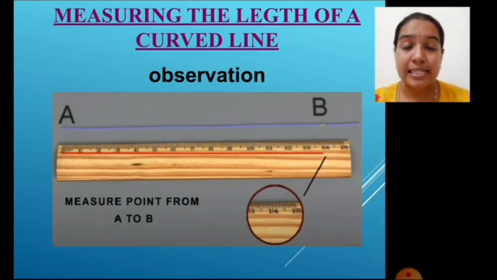But even with threads, as we have seen in the activity, after measuring with a thread, at the end we measure the thread on a scale to express the length of a curved line in SI units. Even for this, we finally need a measuring device which has properly marked SI units on it.